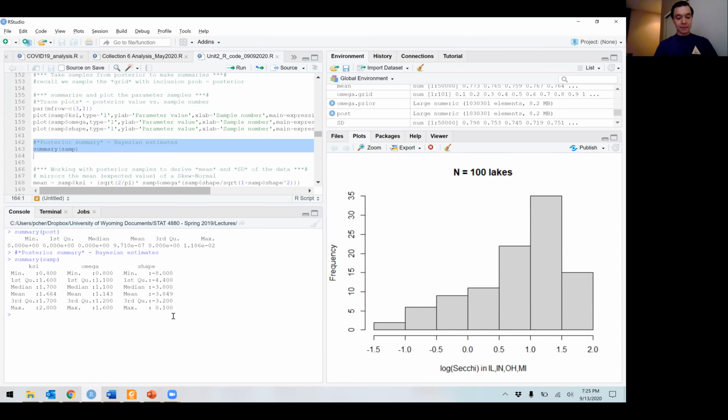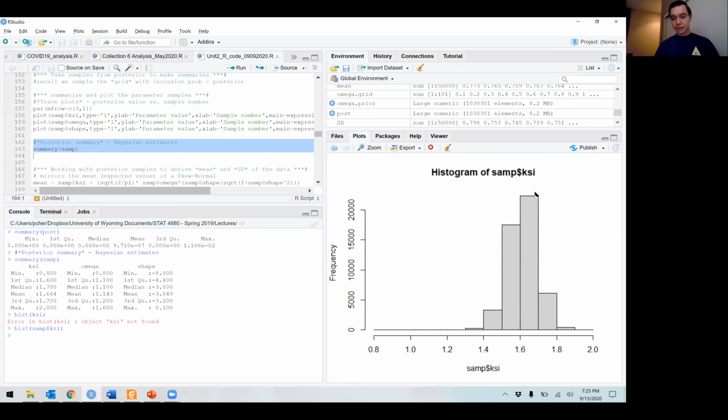I can graph them the same using a histogram, for example. All right, there is my posterior distribution of the location parameter averaged over the other 2 parameters. So it's a full distribution.